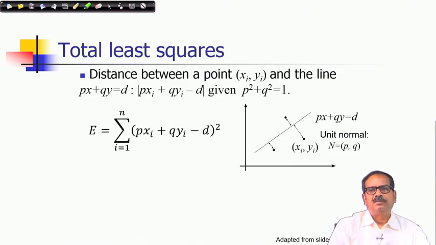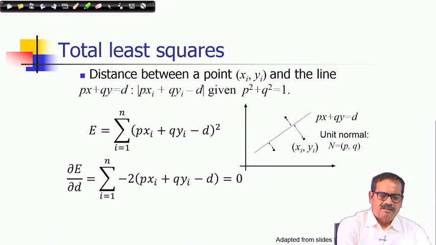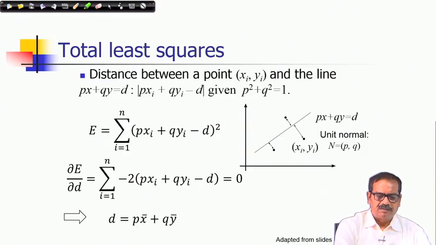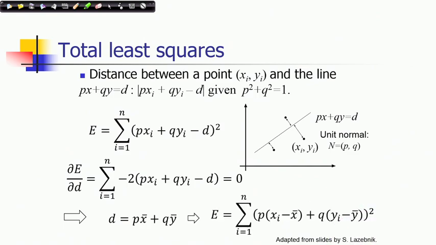So, the error is given in this form, p x_i plus q y_i minus d, whole square, and if I perform the derivative with respect to d, then we get this quantity, and the solution you get is d equals p x bar plus q y bar, and then the error can be written in this form.